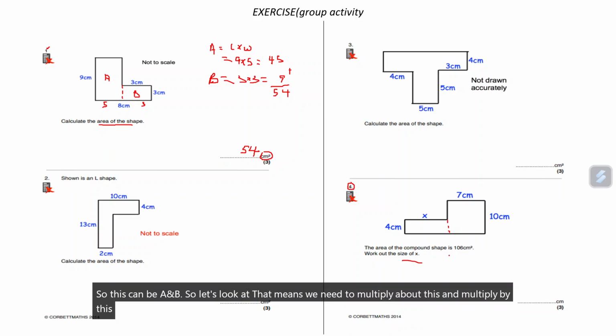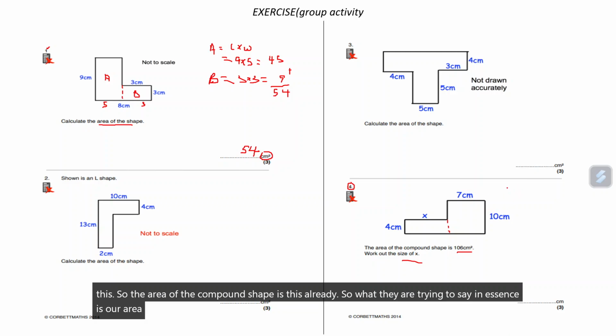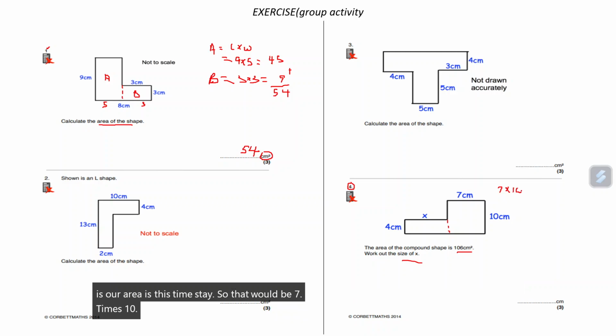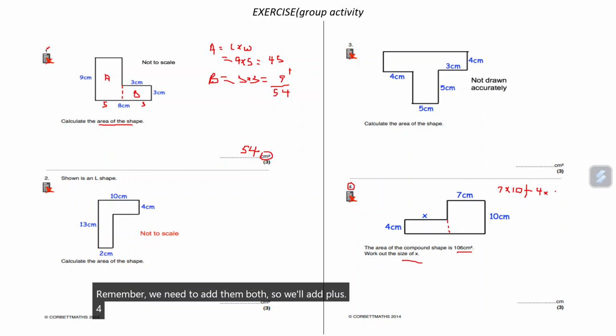The area of the compound shape is this already. So what they are trying to say in essence is our area is this times this, so that will be 7 times 10. Remember, we need to add them both, so we'll add plus 4 times x.